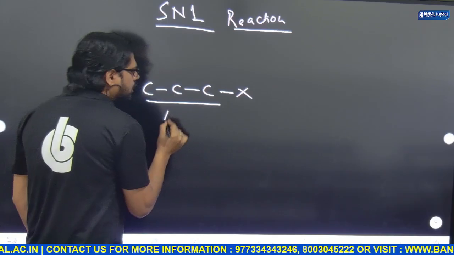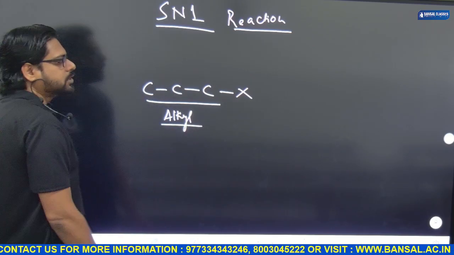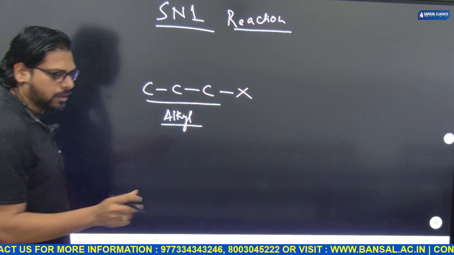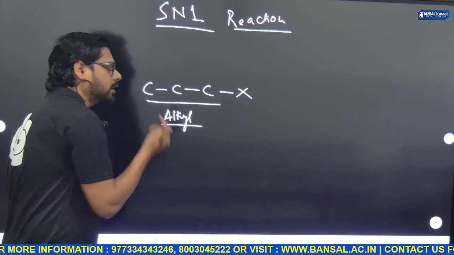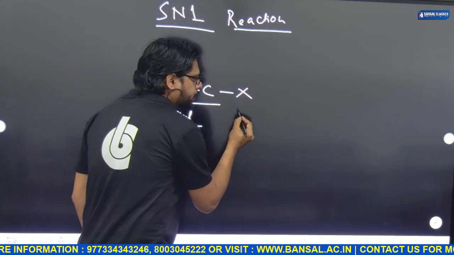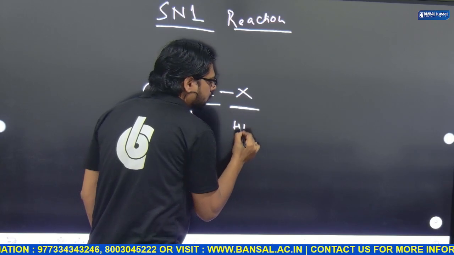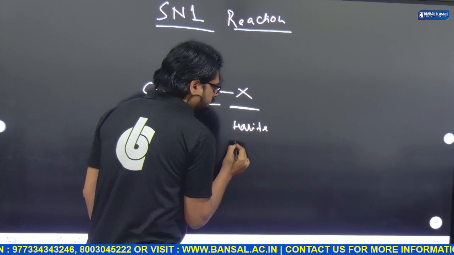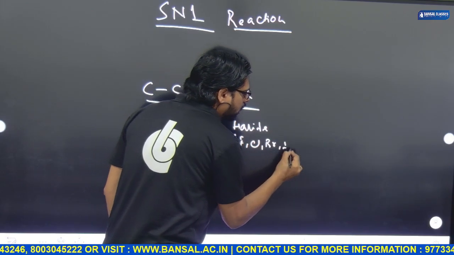This is an alkyl. We already know from the hydrocarbon chapter, an alkane from which a hydrogen is removed will be termed as alkyl. And in place of that hydrogen, we have added a halogen over here, a halide, which can be fluorine, chlorine, bromine or iodine.